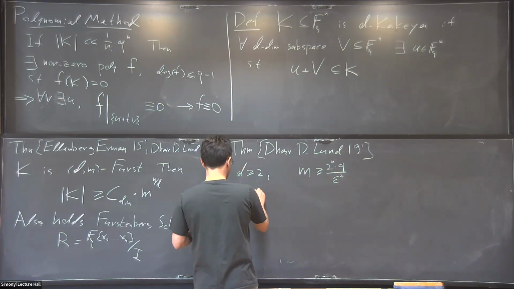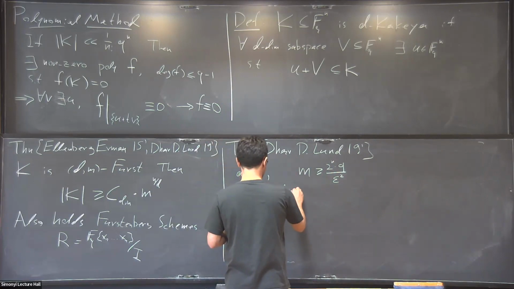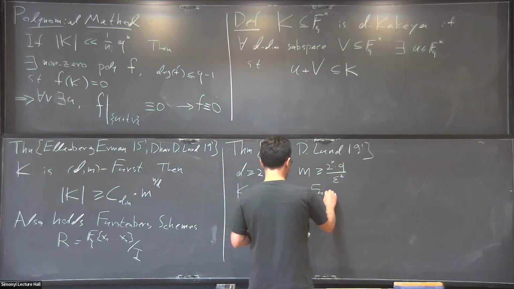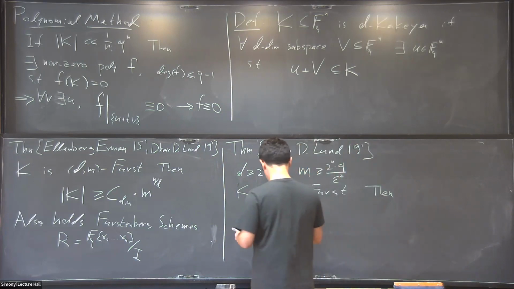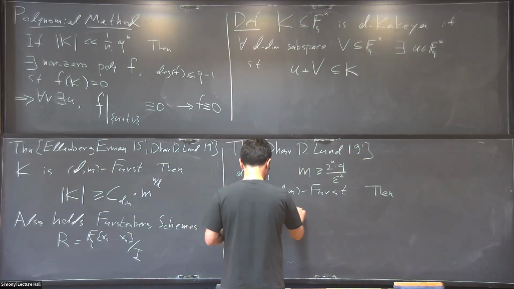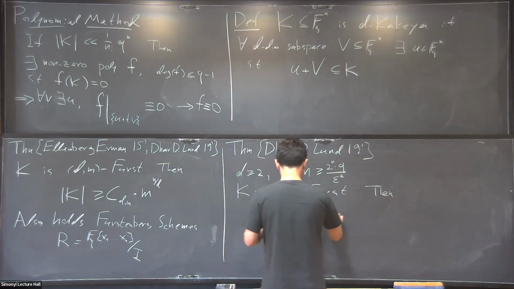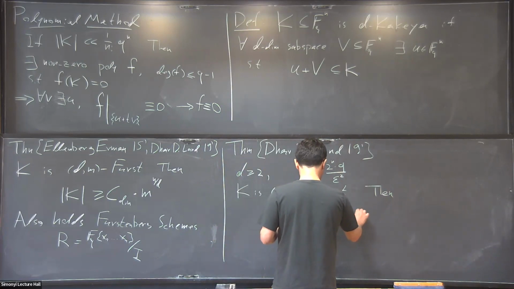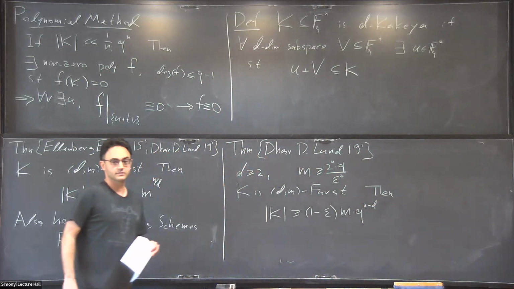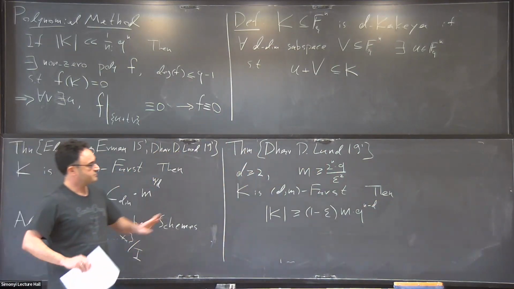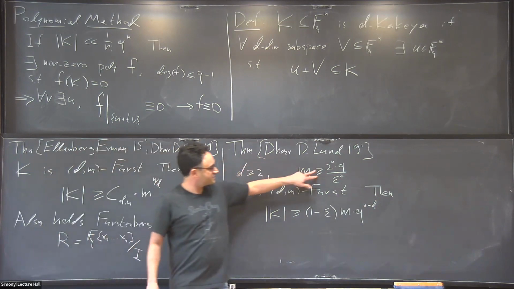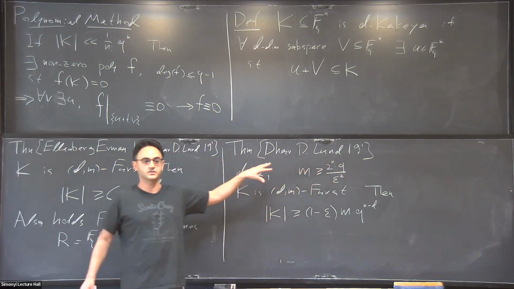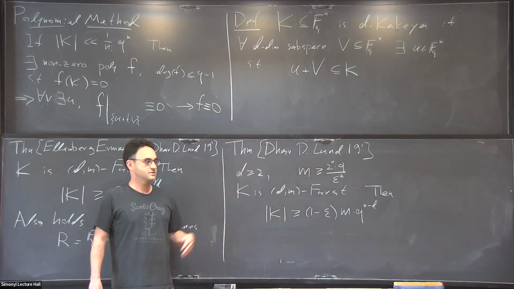Then if K is a d,m-Furstenberg set, then it is at least (1 minus epsilon) m q to the n minus d. And for now, let's think of n as fixed, just so we know what's going on. n is fixed, so this is a constant times q. So the intersection is not too small, at least some constant times q.